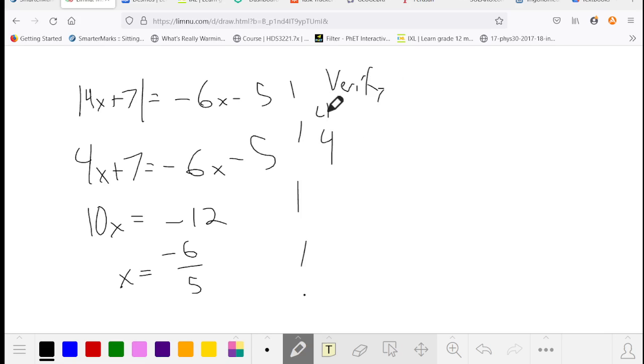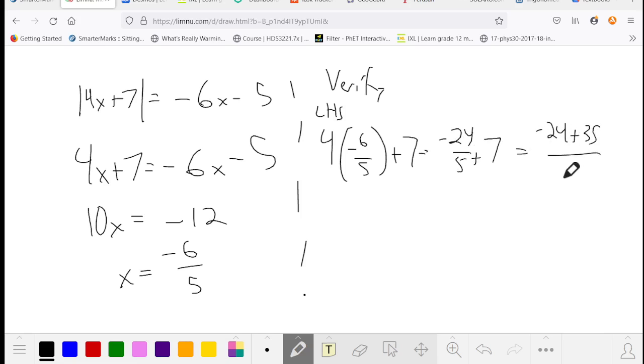So our left-hand side, 4 times negative 6 over 5 plus 7 is negative 24 over 5 plus 7. Put that over a common denominator, that's negative 24 plus 35 all over 5, or 11 over 5.